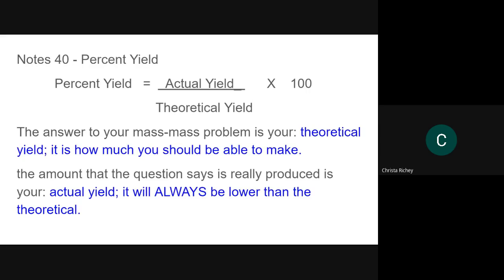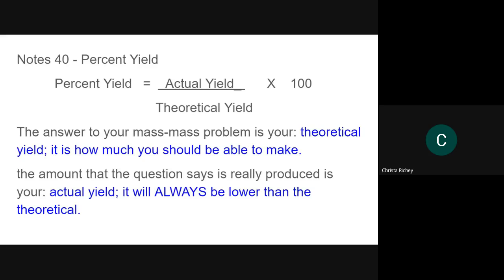We don't do that in real life. Okay, not that you're just throwing chemicals all over the room, but there's parts that will be left behind, specifically on the inside of the graduated cylinders or on the inside of the weigh boat. Your actual yield will never be, can't be, more than the theoretical. It's always going to be less for multiple reasons.